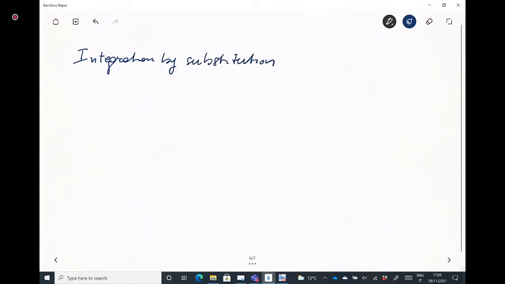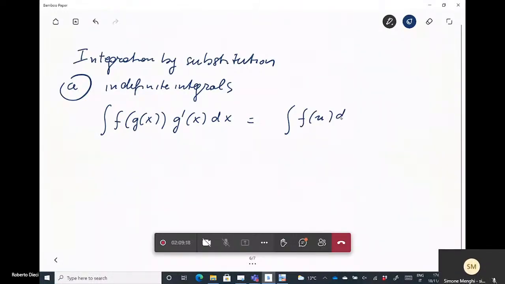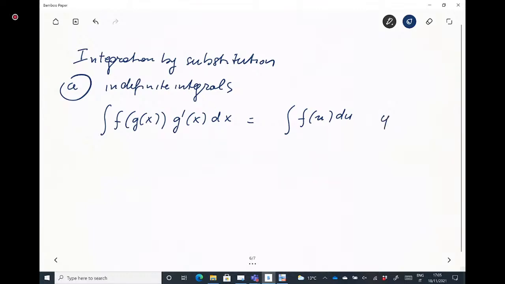In the case of an indefinite integral, the integral of f of g of x times g prime of x dx is equal to the integral of f of u du, where u is equal to g of x.